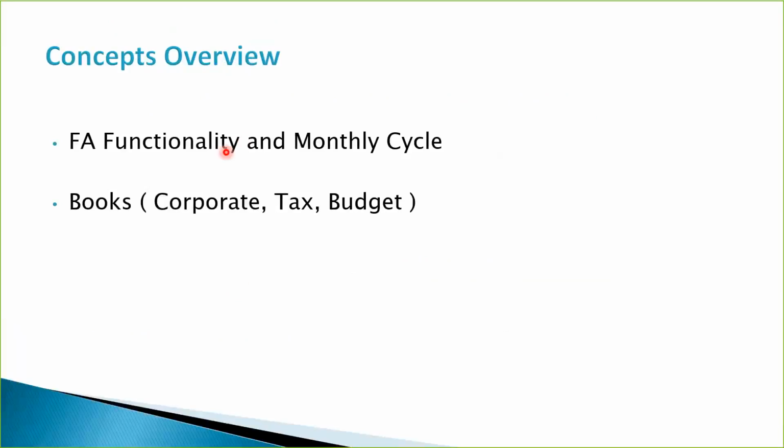We are going to look at it in just a bit more detail so that we can now put it all together when we talk about the periodic cycle. We are also going to look at books, namely corporate books, tax books, and budget books. We are going to see what the features of each are and what they are used for. Okay, so that is our agenda for this lesson. So let's get started.